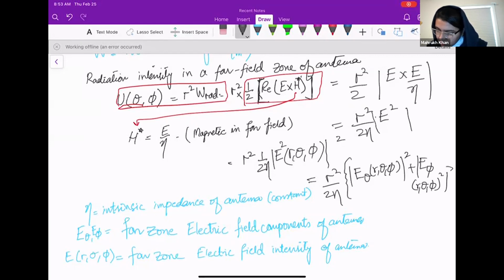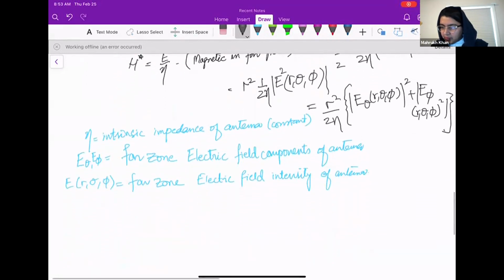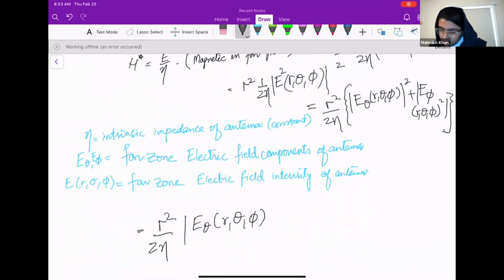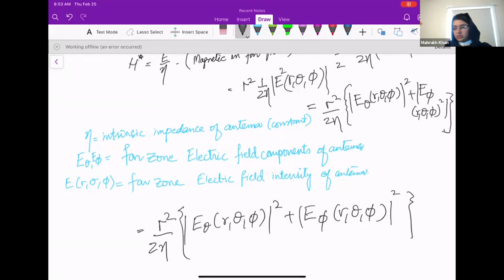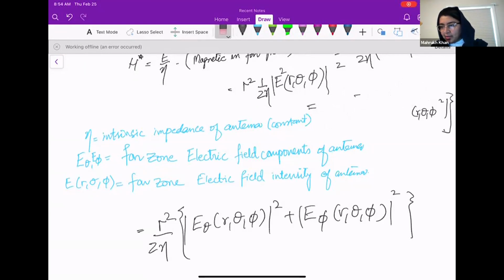And let's say do this, or maybe write it somewhere else. I will write it here. So E has two components in it, like you were seeing X and Y components in E. Okay.